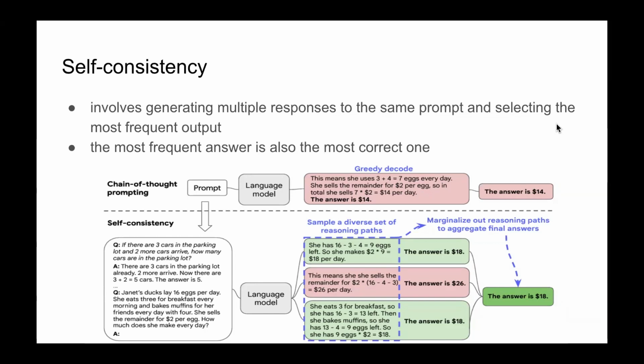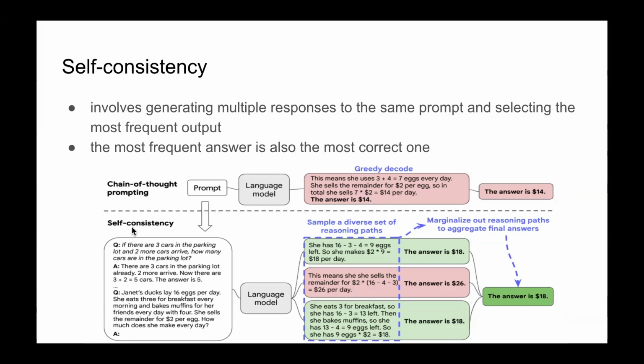You may get 3 times one answer and 2 times another answer. And in this case you say, okay, the most frequent answer is probably the correct answer. Here they are showing that self-consistency further improves the model's performance on reasoning tasks on top of chain of thought prompting.